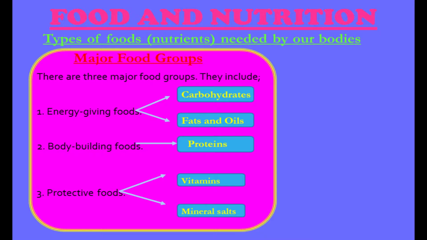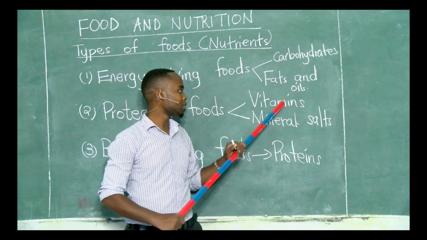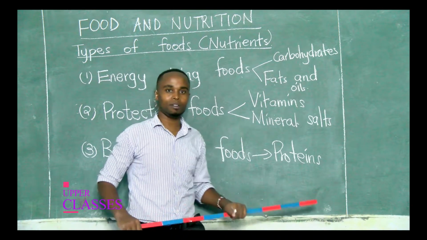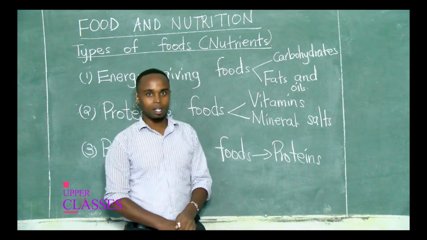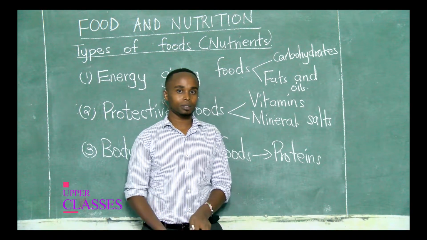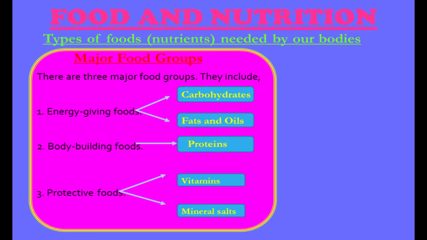But from the three food groups, we have come across some nutrients. When you count them, you realize that we have 5 nutrients. Those 5 nutrients are very important in our lives. Our nutrient number 1, which comes from the energy-giving foods, is known as carbohydrates.